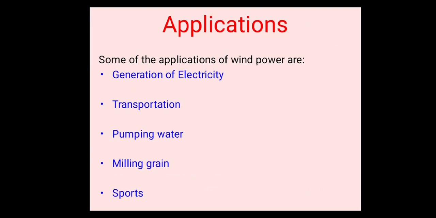First application is generation of electricity. Windmills harness wind energy to create electricity. It's a clean and green form of energy. Now go to the second application, that is transportation. The power of the wind is used for propulsion in sailing vessels and sailboats.